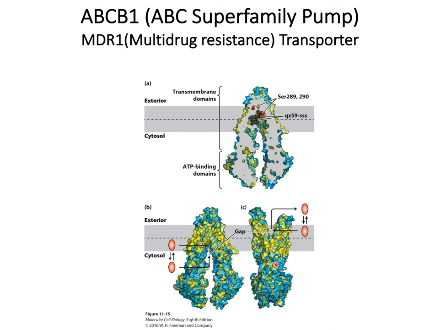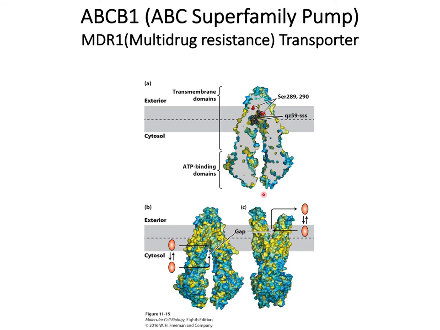This illustration from your book shows the multi-drug transporter ABCB1, MDR1 as well, with the ligand export. The upper picture is a cut-out model of the ABCB1 protein, which is bound to two molecules of what is called the QZ59-SSS drug, which again, the name is not important, but this is shown as a black structure in the pocket.